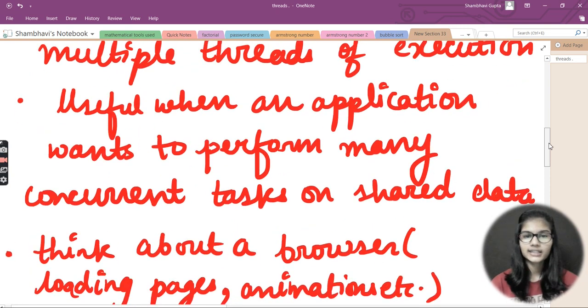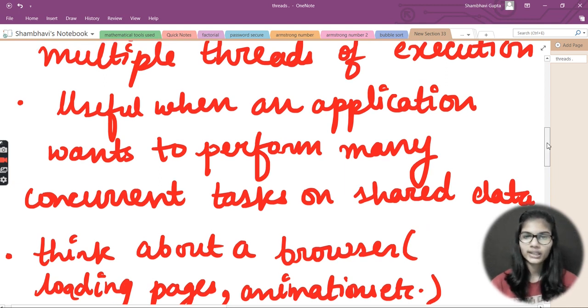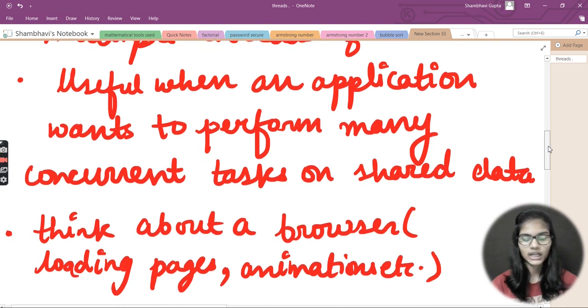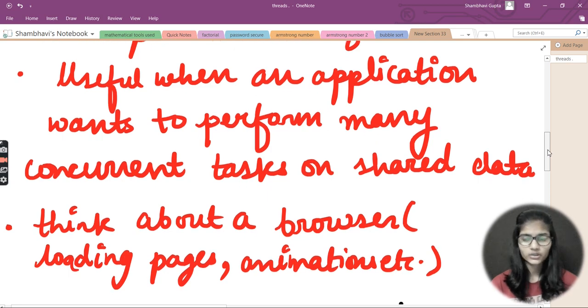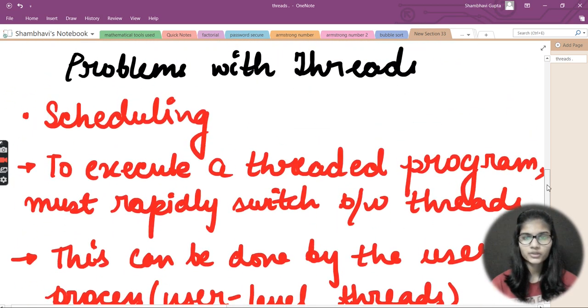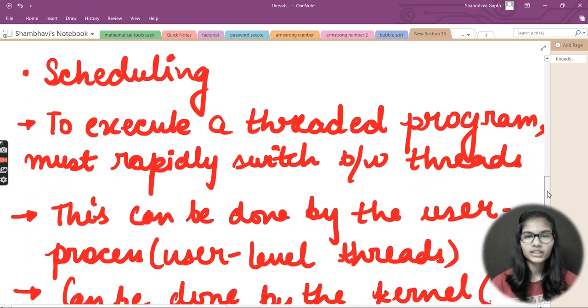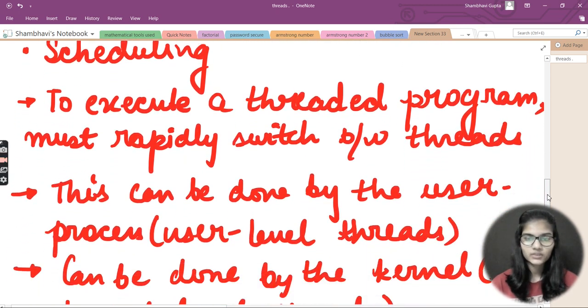Other than that, we had seen when it is actually used. When we use threads, what's the use, right? They are useful when an application wants to perform many concurrent tasks on shared data, and we had even seen what we meant by many concurrent tasks on shared data, right? After that, the problems with threads: the very first problem is scheduling. To execute a threaded program, we must rapidly switch between threads.